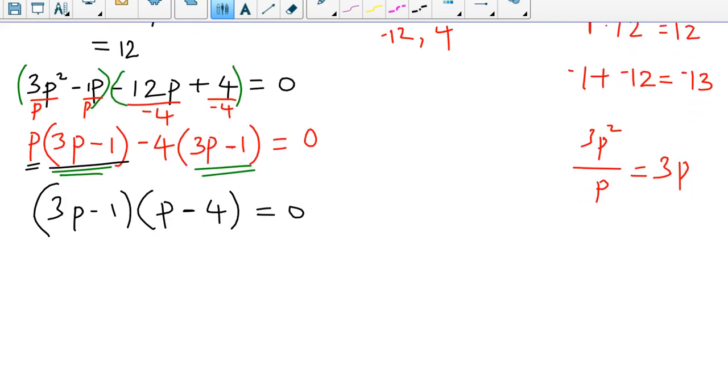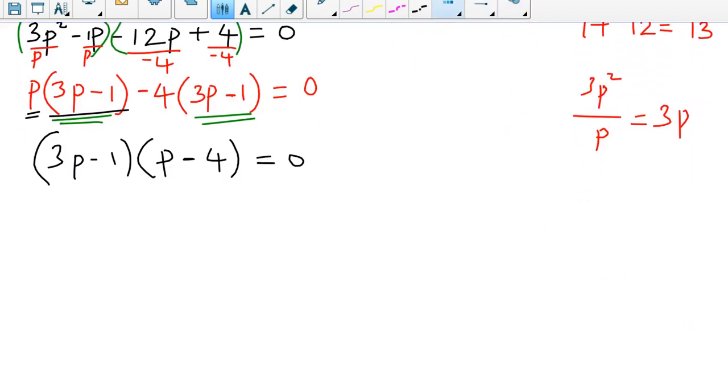Now, go to the zero product property to get this 3p minus 1 equal to 0, and p minus 4 is also equal to 0. These are the two linear equations, and we are going to solve them to find the value of p. 3p minus 1 equal to 0.